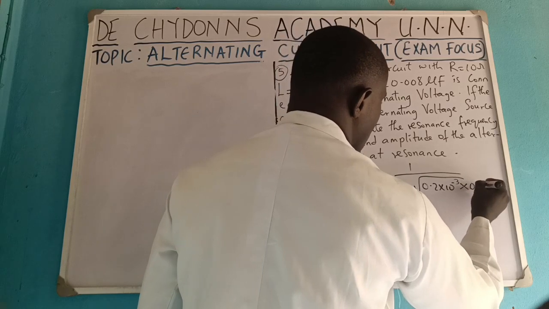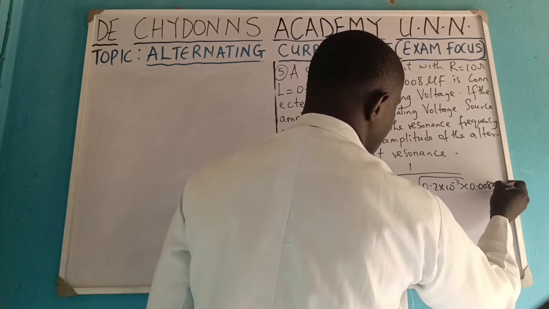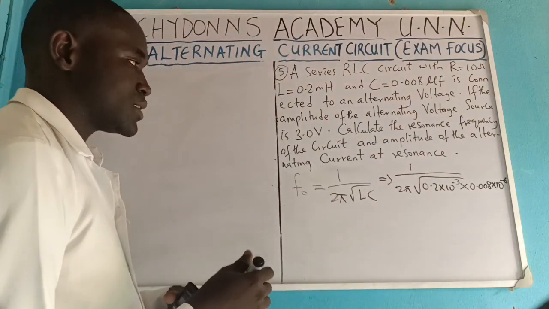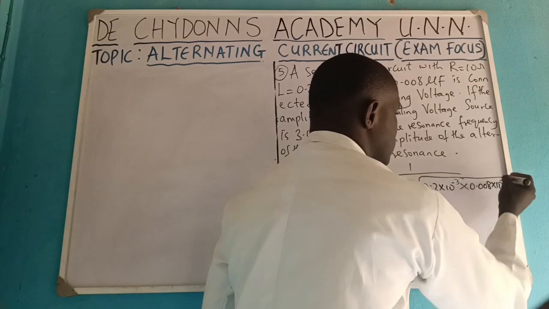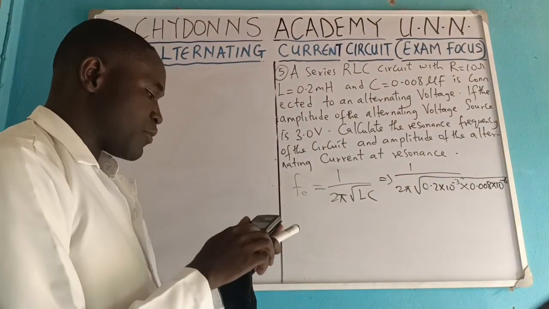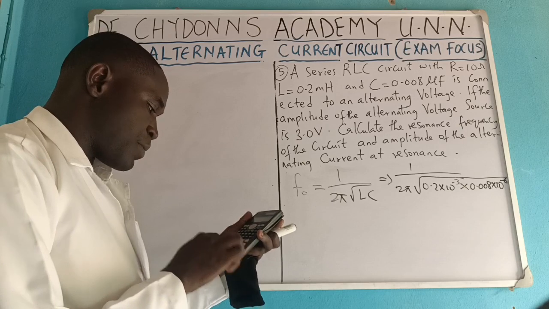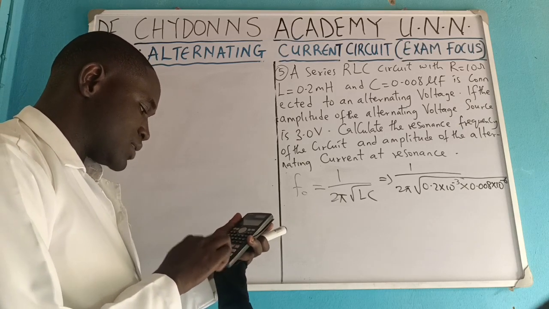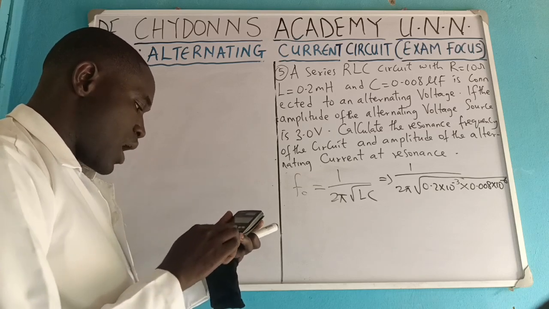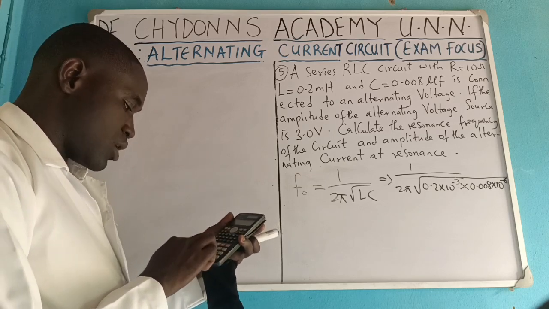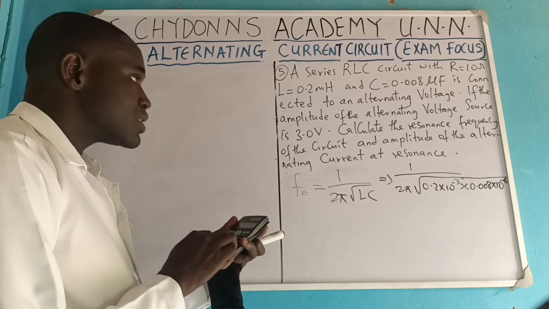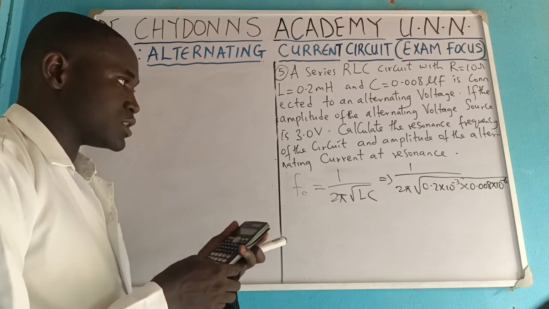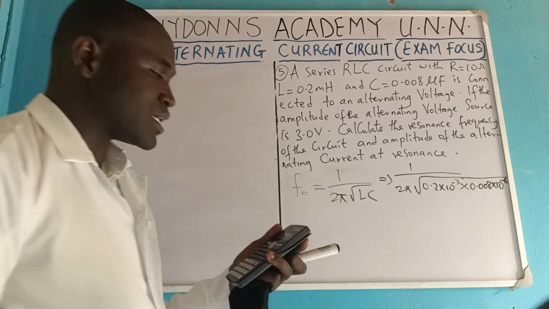Times 0.008 times 10 raised to power minus 6, because micro means raised to power minus 6. So you get this sorted out and simplify. 2 shift pi root bracket 0.2 times 10 raised to the power of minus 3 times 0.008 times 10 raised to the power of minus 6. You close it.